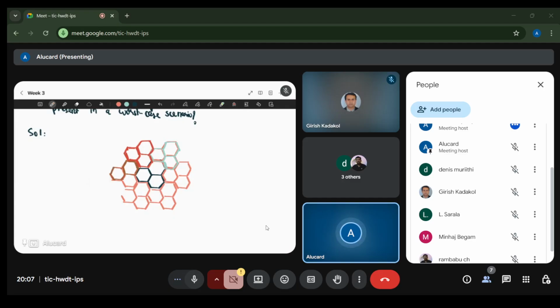So there are 6 clusters which are adjacent to the main cluster in which our user is.